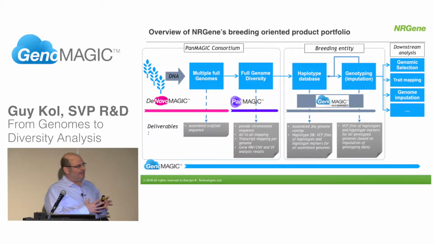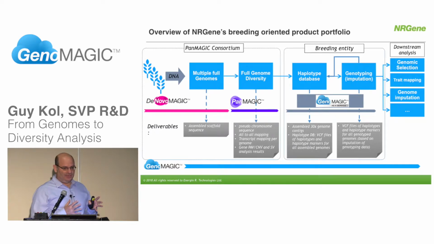It's mainly 3 different parts. The first one you just heard about is the assembly. Then there's a part that takes several fully assembled genomes and compares them together on a sequence level, chromosome to chromosome, and then compares the gene space.